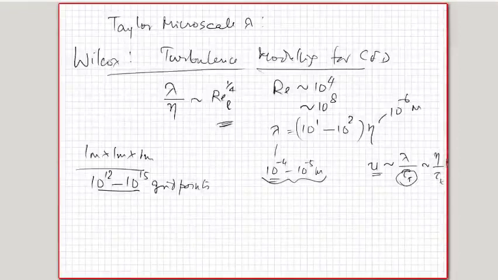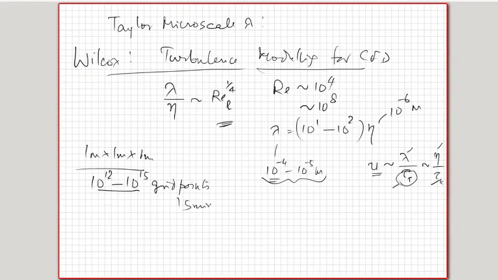So if this was 10 to the power of minus 6, and this is 10 to the power of minus 4, this will also be 10 to the power of minus 4. So for 15 minutes, you will get 10 to the power of 4 into 10, so it will be 10 to the power of 7 to 10 to the power of 9 time steps.